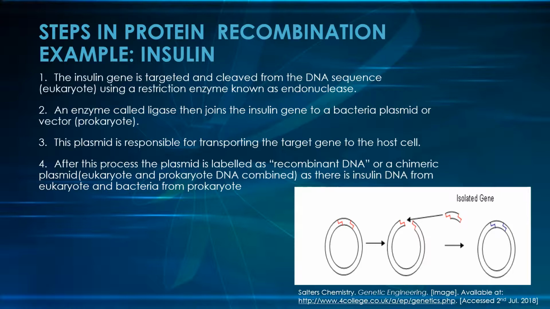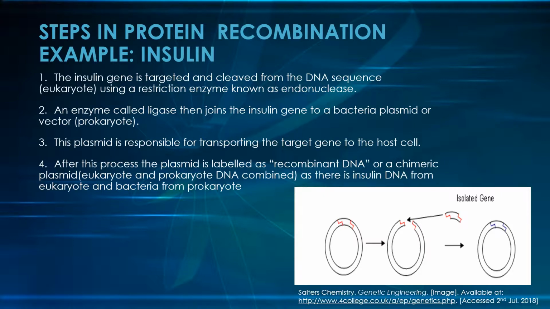From here, a restriction enzyme known as endonuclease is used to cleave this DNA of insulin. Then it is isolated and joined by another enzyme called ligase to this bacteria plasmid or vector.